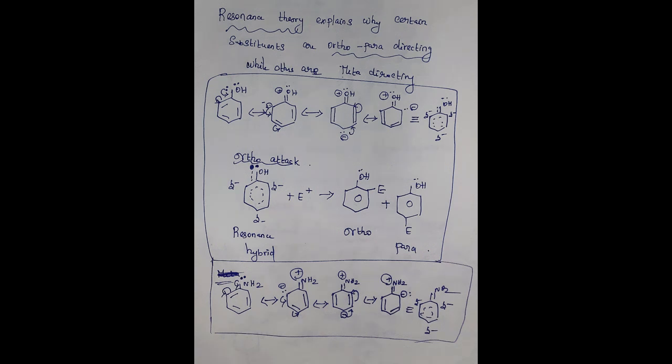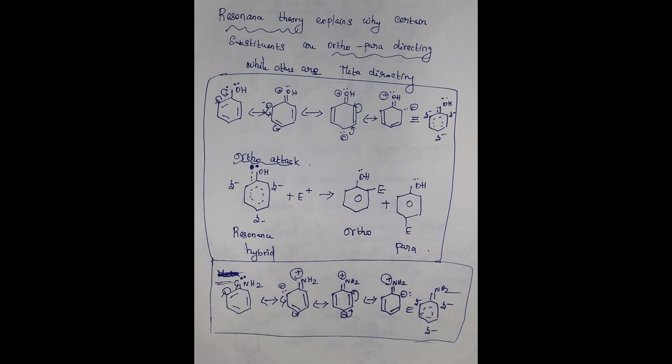Now we are taking the phenol compound. Here the non-bonding electrons present on the hydroxyl group are involved in resonance. It undergoes delocalization. So the non-bonding electron moves into the ring. So you can see the resonating structures.